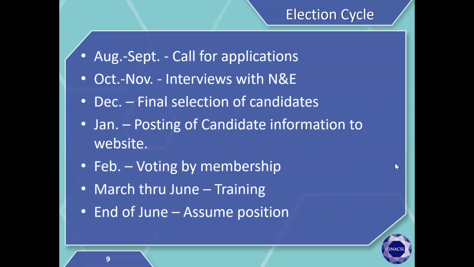And then in February, voting opens, and that is usually up for several weeks. Once the results of the elections are determined, then the candidates are notified. And a virtual training period occurs March through June. At the end of June, the individuals that were elected assume their position for their term.